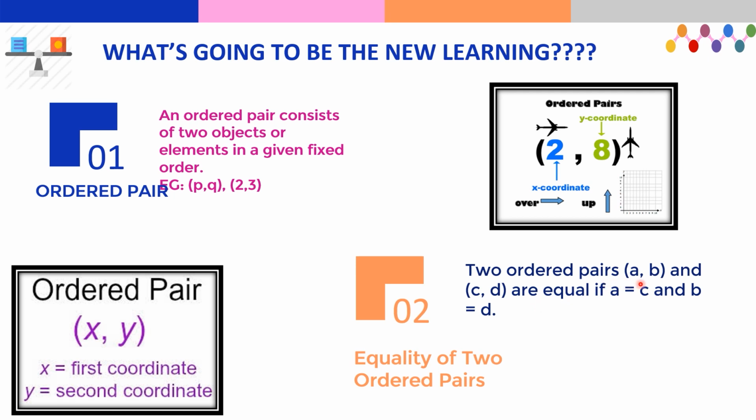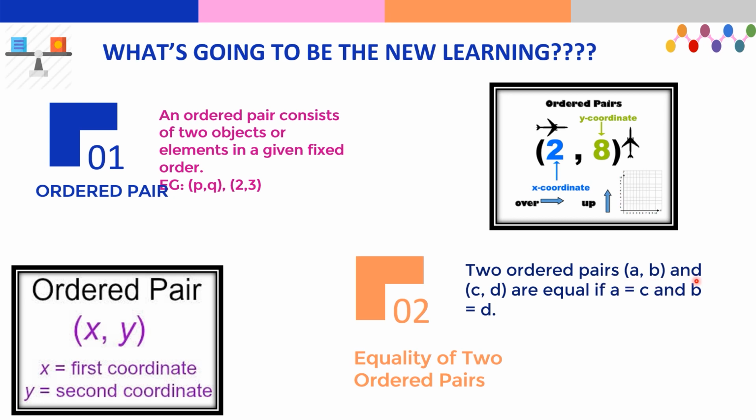The first element will be equal to the first element of the second ordered pair, and the second element will be equal to the second element of the second ordered pair, that is a equals c, b equals d.